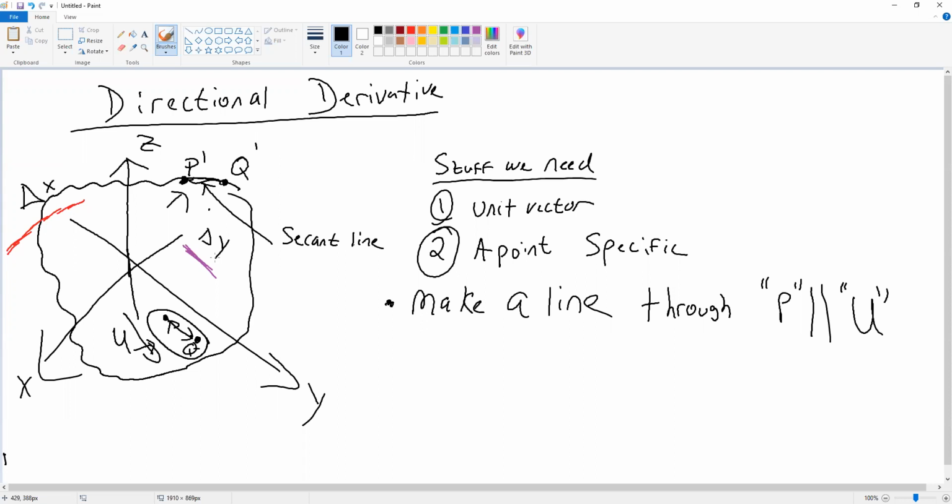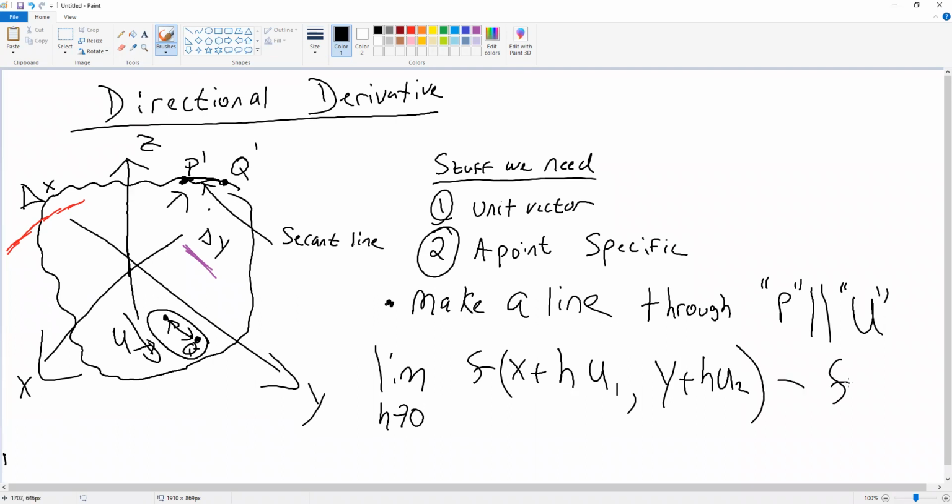What's going to eventually happen is we're going to get the limit as h approaches 0 of f of x plus some height times some u1, comma y plus some h u2, close that, minus the function itself, all of it divided by h.